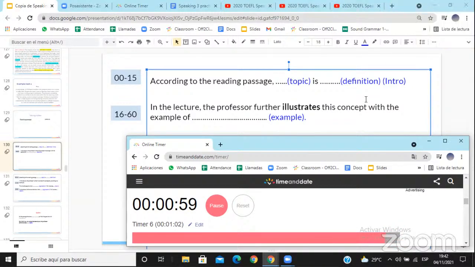According to the reading passage, there are two kinds of marketing, a general one with radio and television, and a specified one about target marketing, that is a strategy that focuses on a specified audience. In the lecture, the professor further illustrates this concept with two commercial examples that a company creates when they want to sell a cell phone.